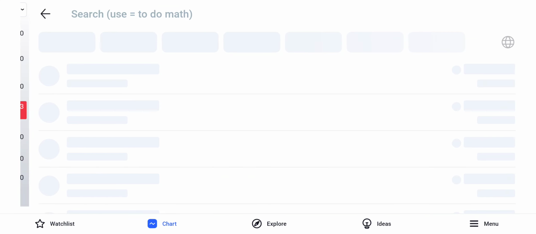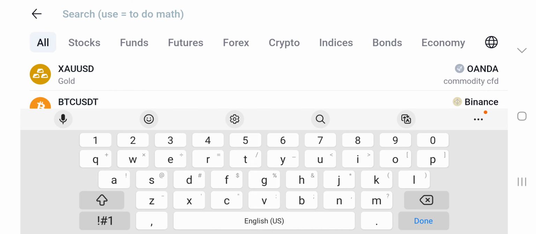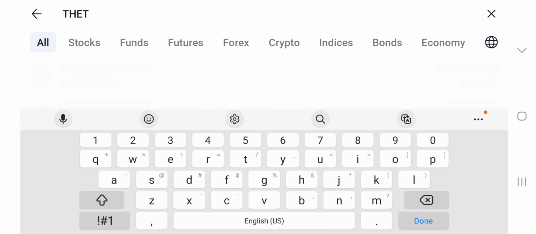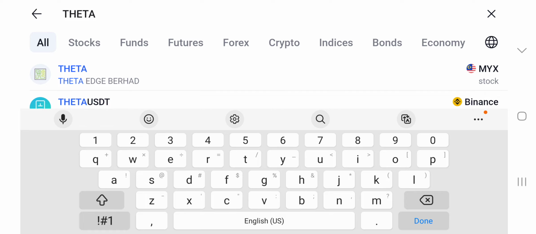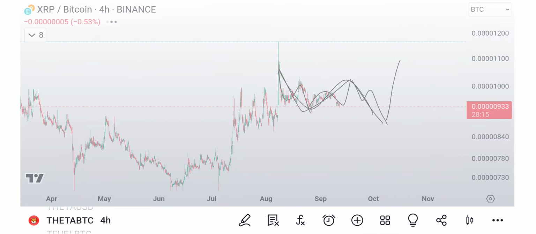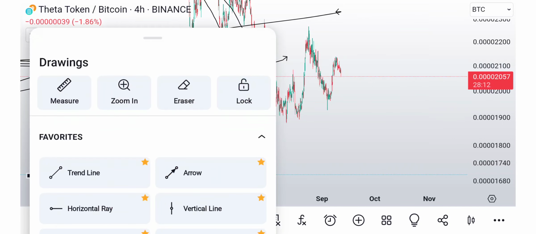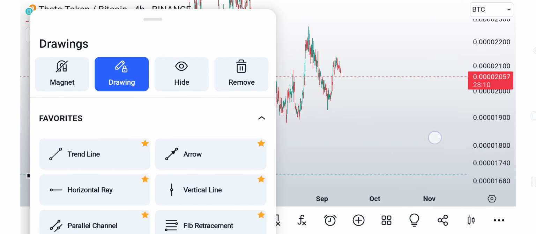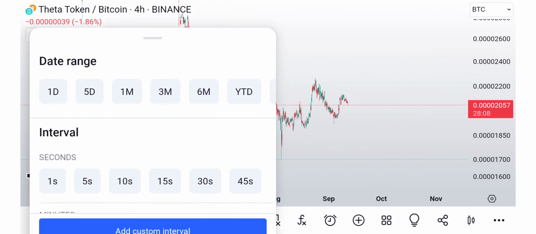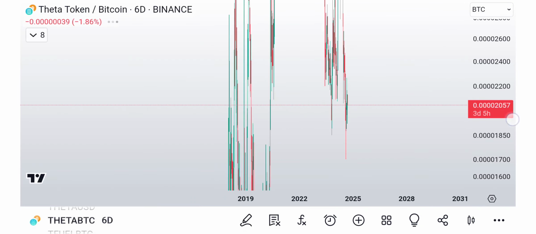So let's look at Theta and BTC. Okay, so Theta versus Bitcoin here. Let's zoom out.